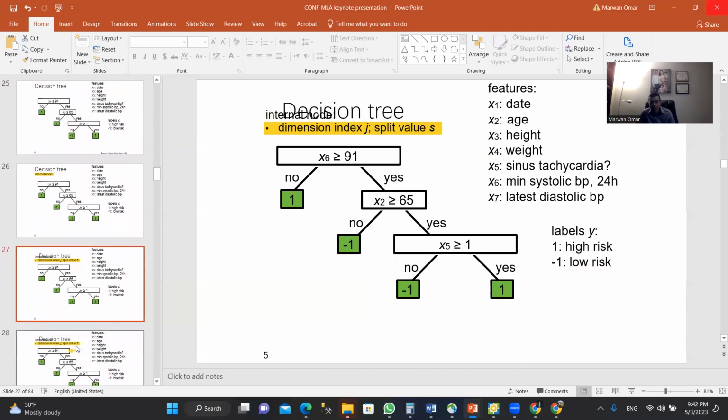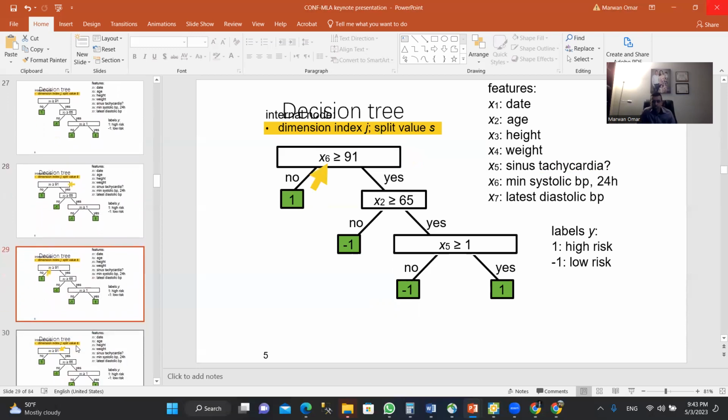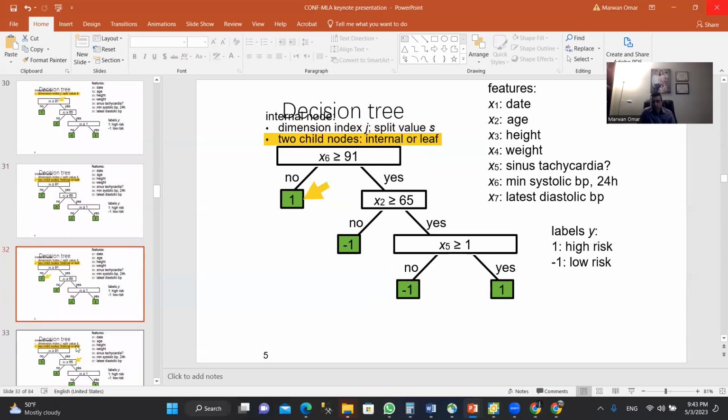So we have internal nodes and the dimension index j to put a value s to X6. In this case, it's the minimum systolic blood pressure, if it's greater than or equal to 91. If the answer is no, then that would be 1, which is high risk. 2 child nodes, internal or leaf, so X2, which is the age. Is the age greater than or equal to 65?